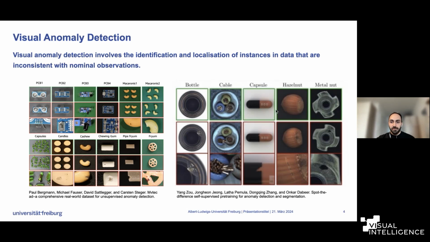For example, in the first row of these three tables, we have normal samples, and in the second row, we can see there are bent wires or scratches, or some part of the object is poked, or there's a leakage, or any sort of anomaly you can name.